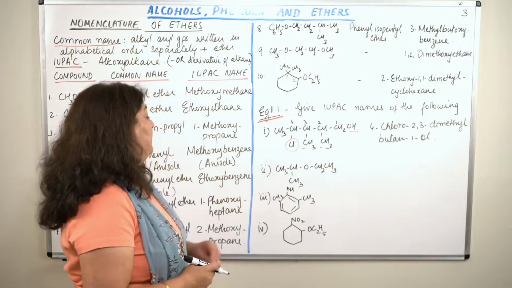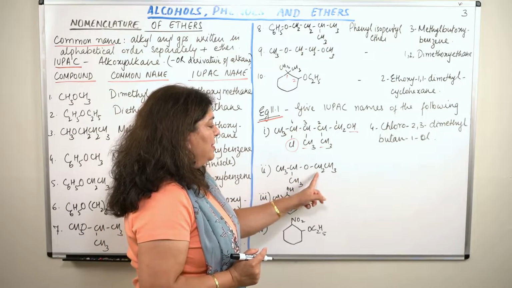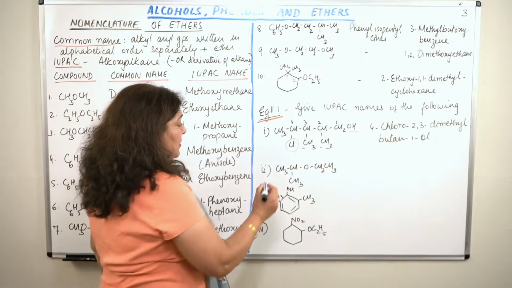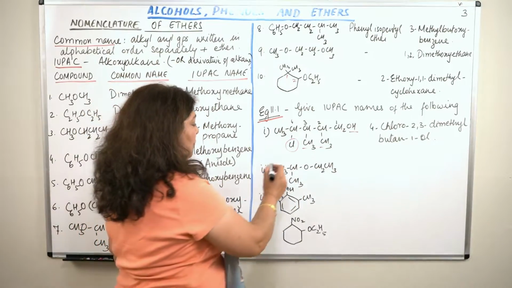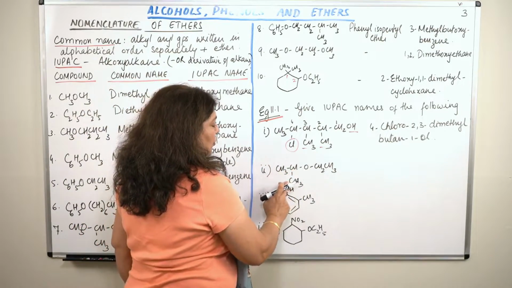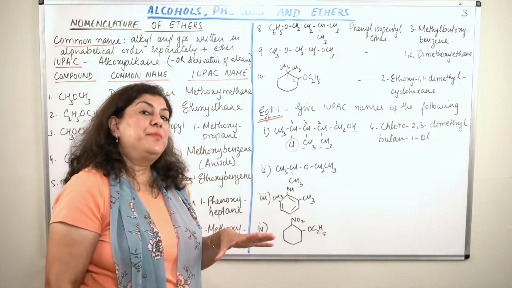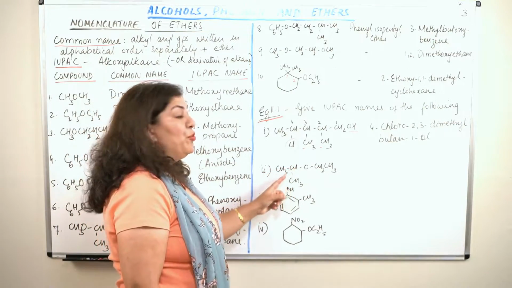Coming to the next one. CH3, CH3, O, CH2, CH3. This is an ether and we've just done ethers. This is isopropyl. You remember common nomenclature? Isopropyl. But here we have propane or propyl group and here we have ethyl group, which is the parent, the one that has the longer chain. So this becomes propane.